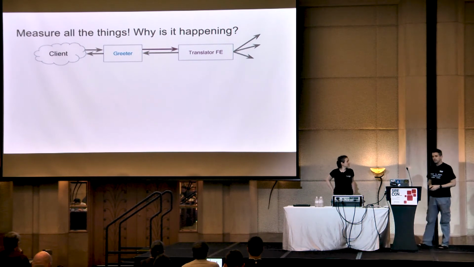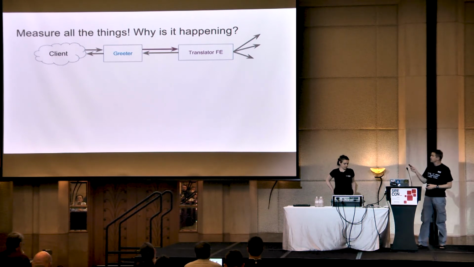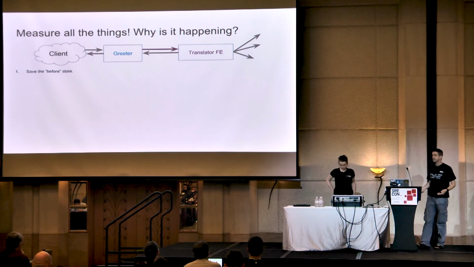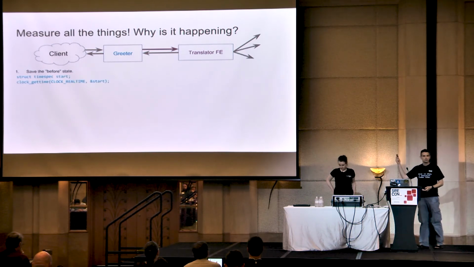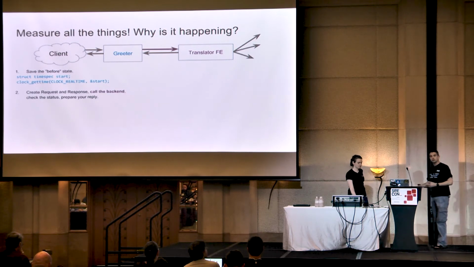Why is it happening? Well, let's stick to our latency example because it's the shortest code example. We'll go with the latency measuring. Latency is easy. It's sort of the time at the end minus the time of the start. That's how long it took, right? So you save the before state in normal C library calls, trivial code. You do whatever it is you're doing.